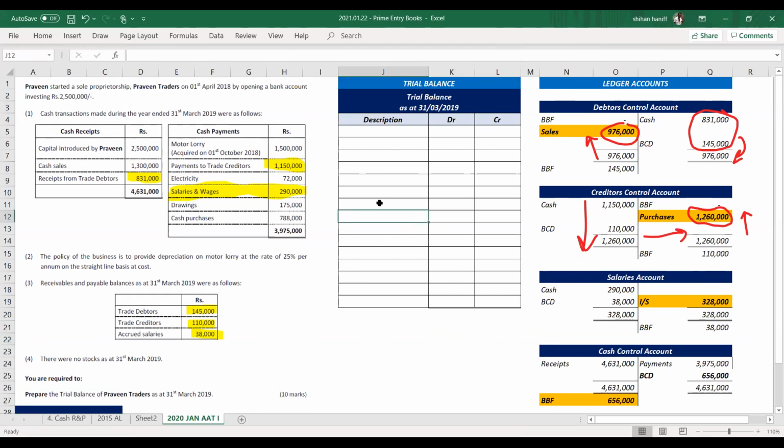Okay, so that's all. Now first, we can record the closing balances. I will start from debtors. Trade debtors 145,000.